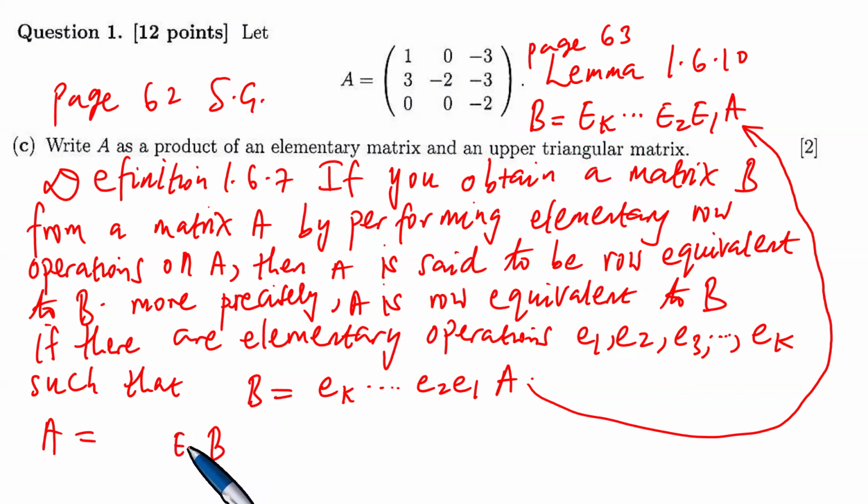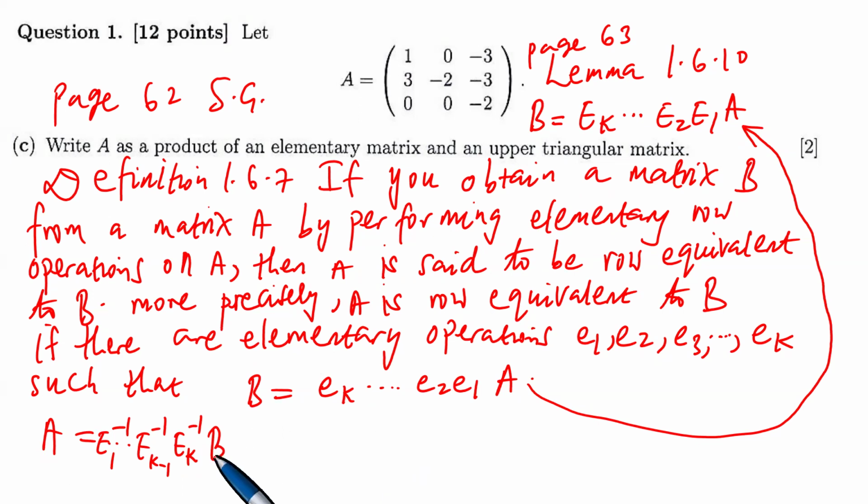After that you're going to have EK minus 1 inverse, and so on, until you have the last one, E1 inverse. This is what you're going to have if you have a series of these things.